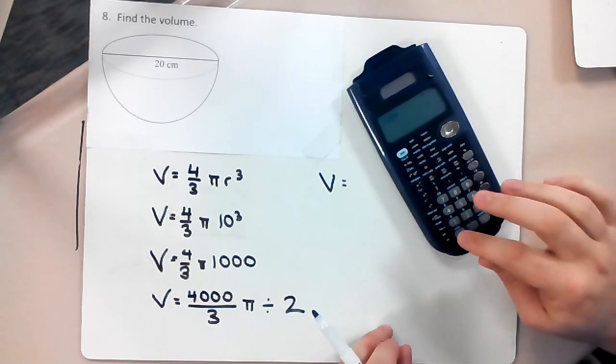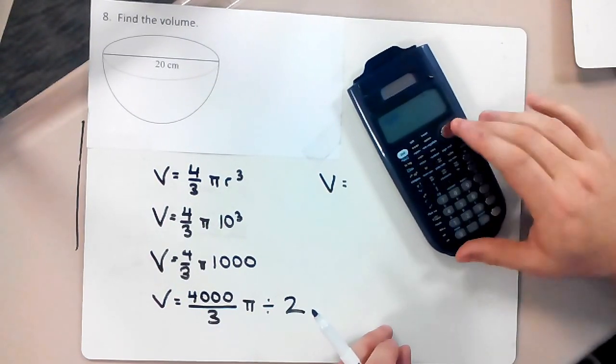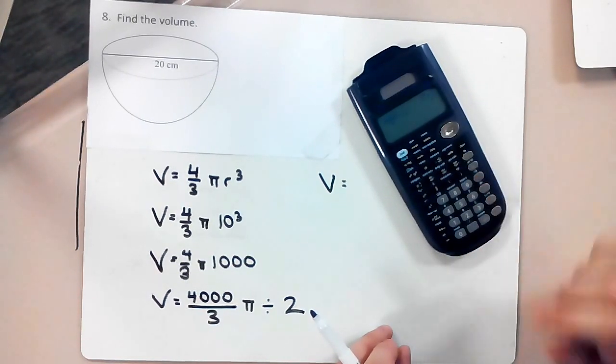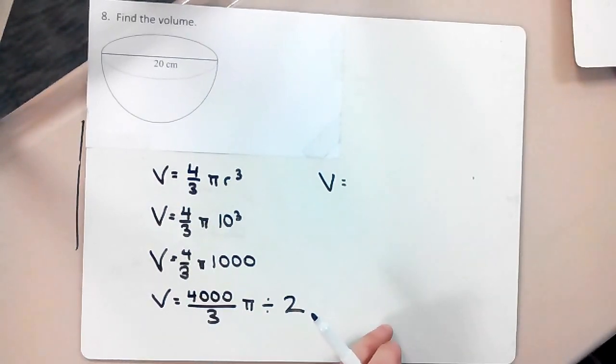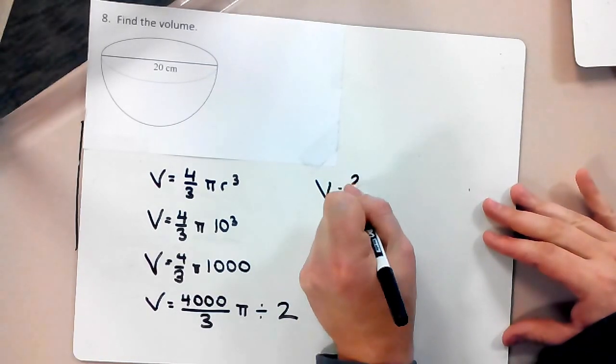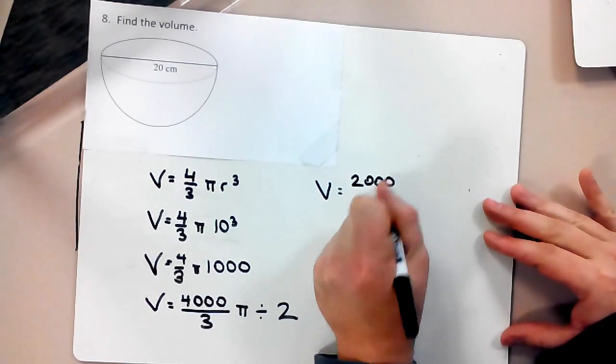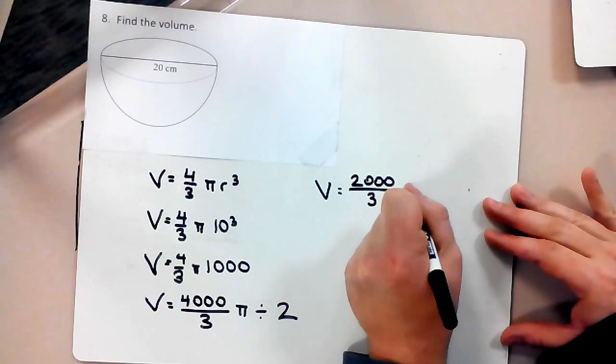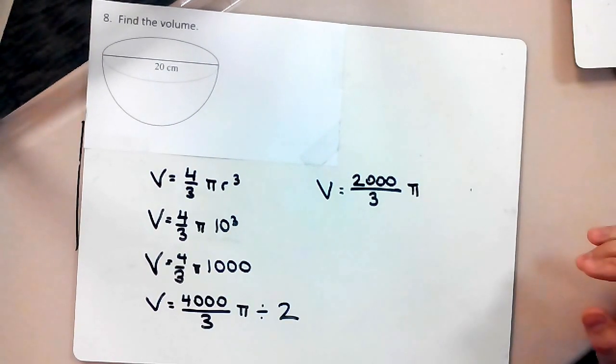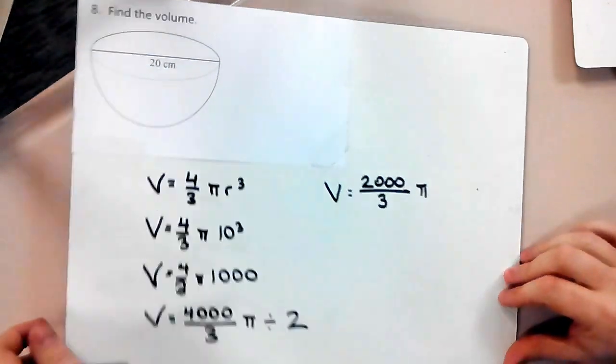I'm going to say 4,000 over 3, divide by 2, and I get 2,000 over 3. So the answer is 2,000 over 3 pi. That is the answer to that question. All right, next.